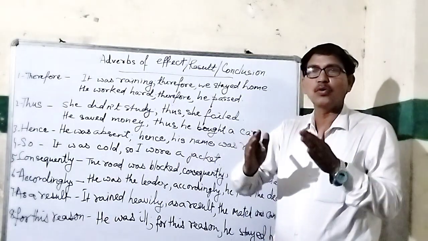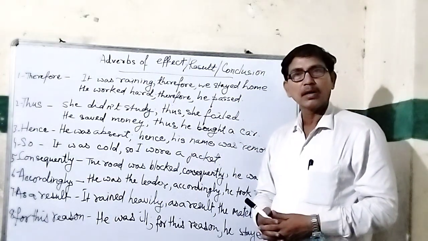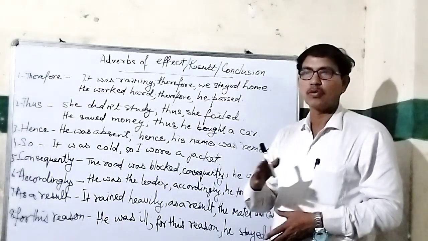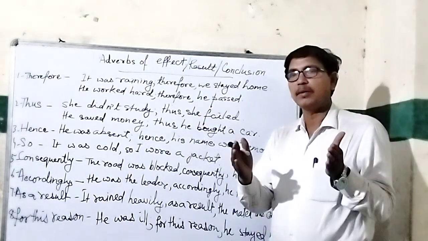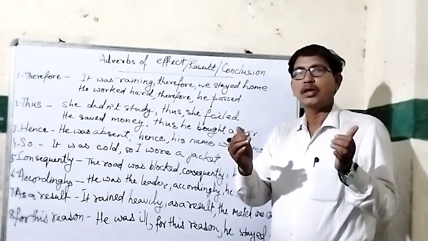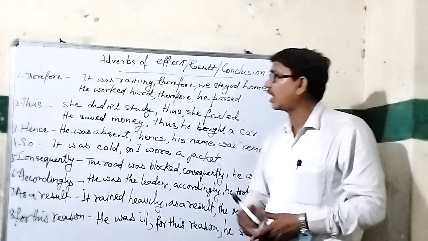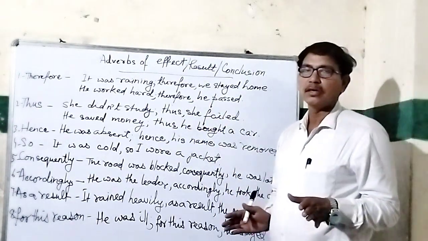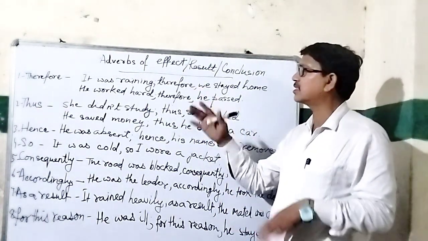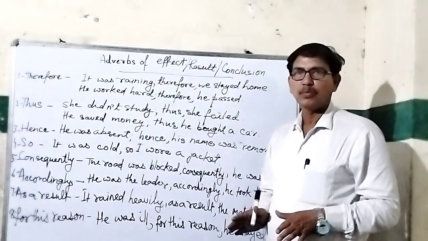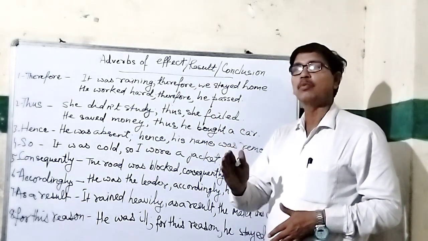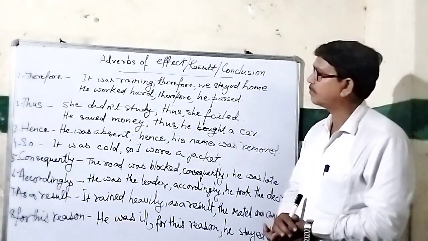Conjunctions join two clauses together, subordinately or coordinately. Actually they join two clauses and make one sentence. But adverbs don't do that. Here sentences are separate, but adverbs modify the whole sentence.